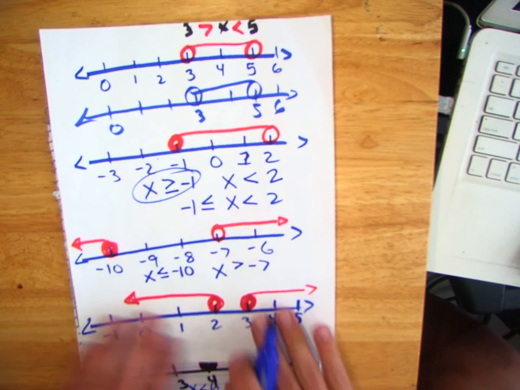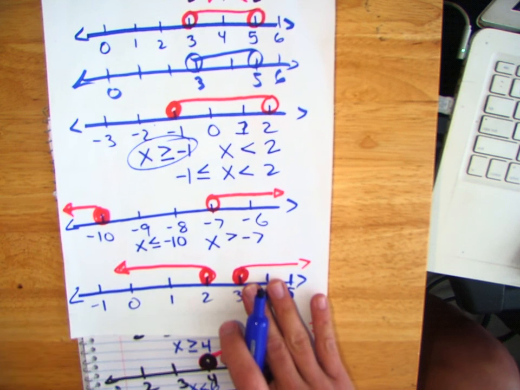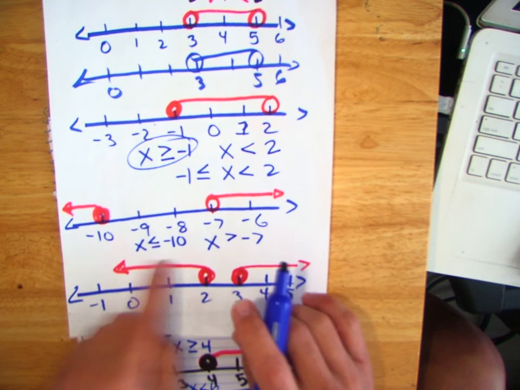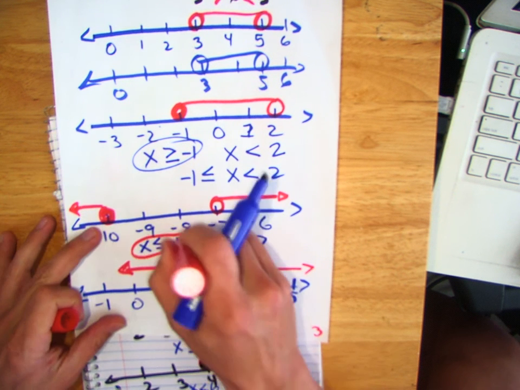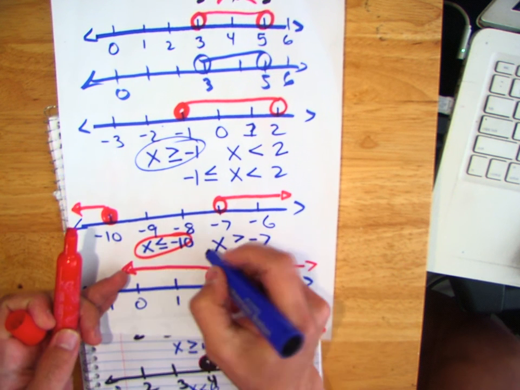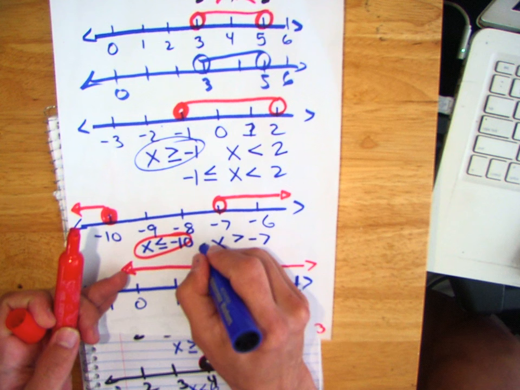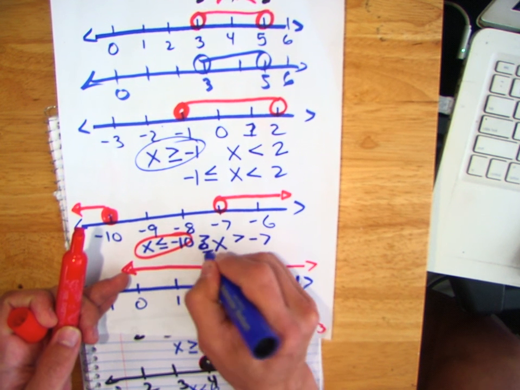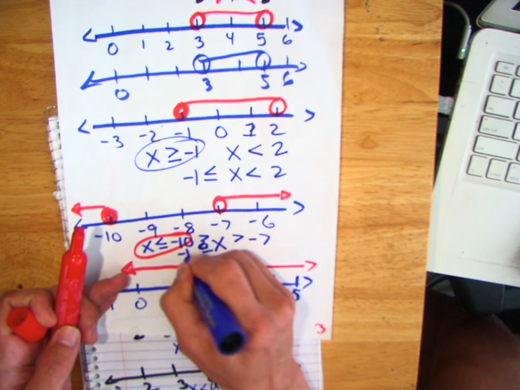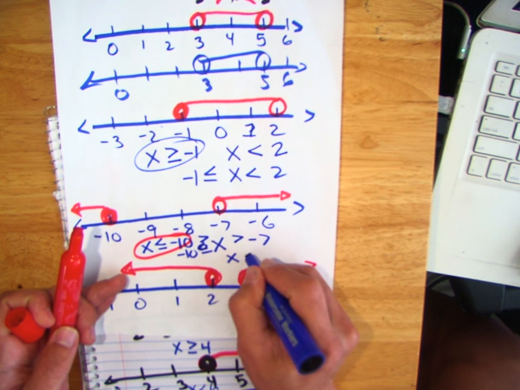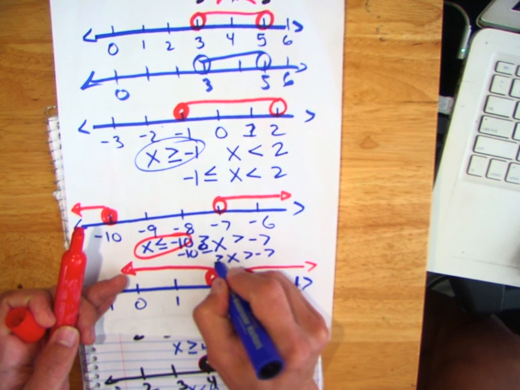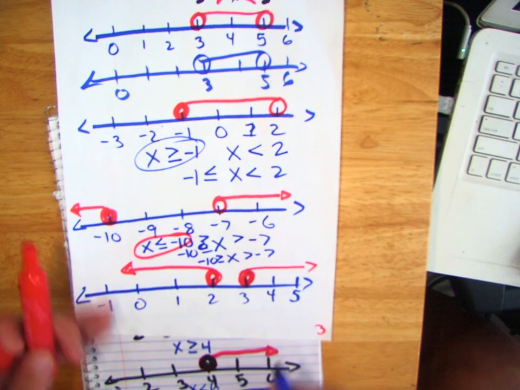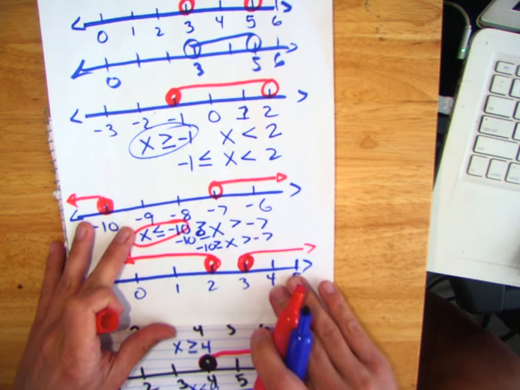Now you want to join them, right? You want to join them together, but you can't. You got to do something to the one on the left. So what I'm going to do is I'm going to flip it. So I'm going to flip this. Oops, sorry. And then this is -10. So now it's going to look like this. Okay? And that's all you're doing. You're just flipping it, all right?